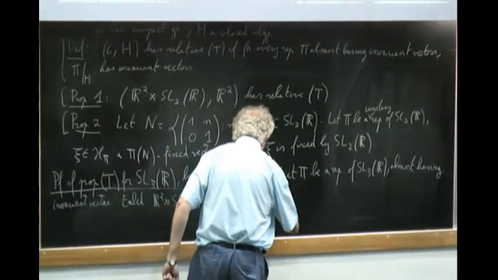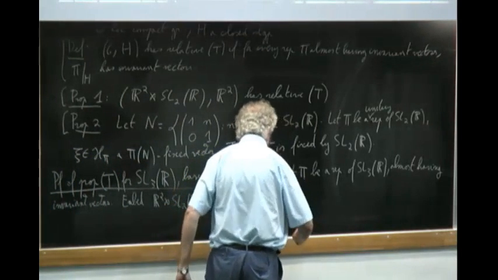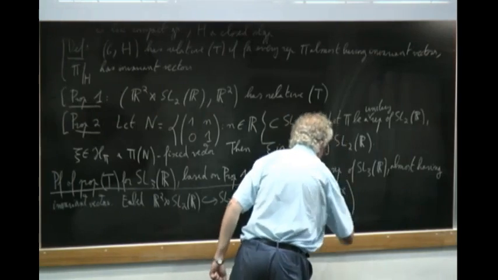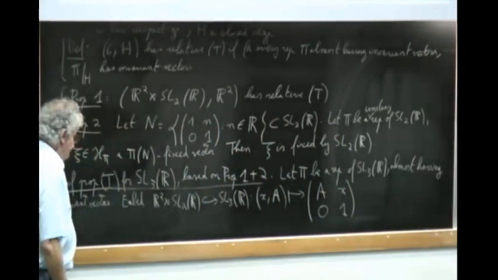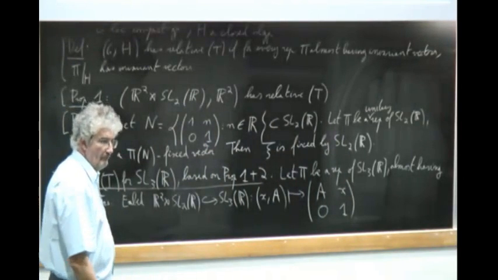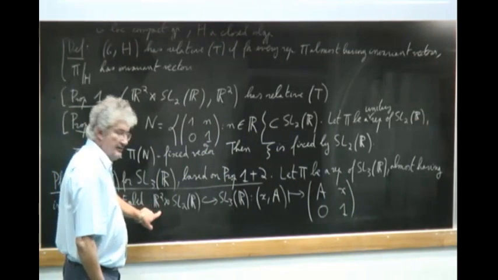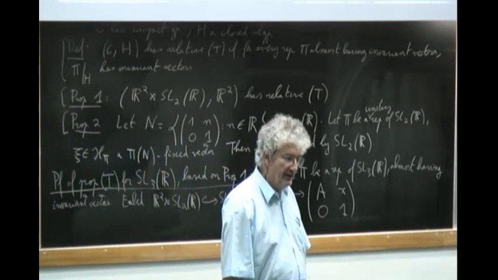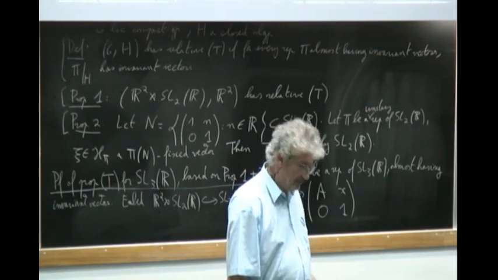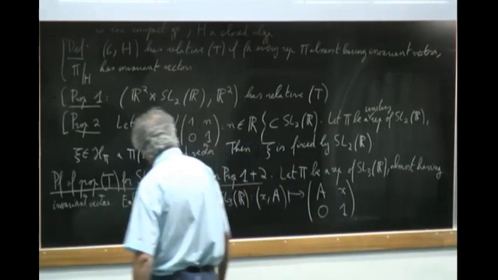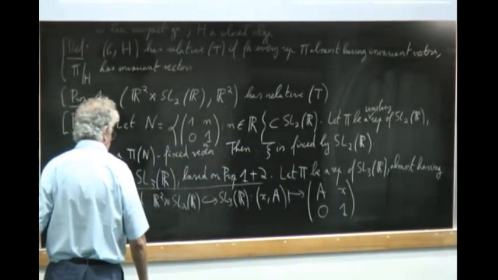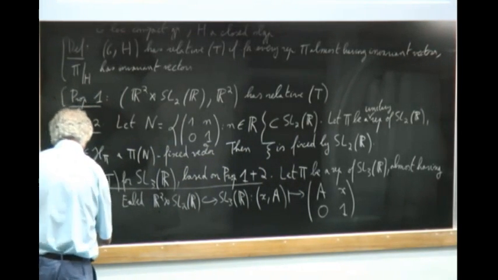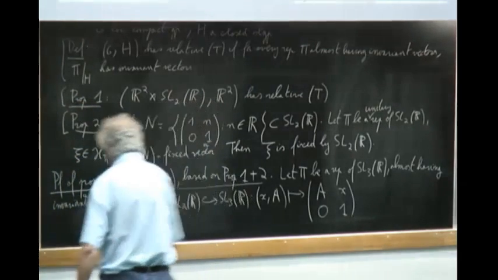So it's a pair (X, A), and we map it to the block matrix with A, X in the upper right, and 0, 1 below. The SL2R is acting linearly on R2.